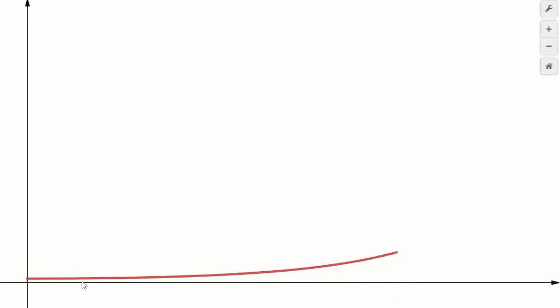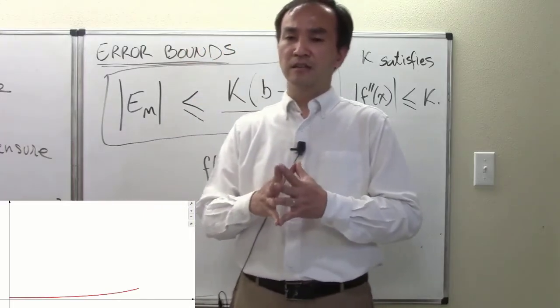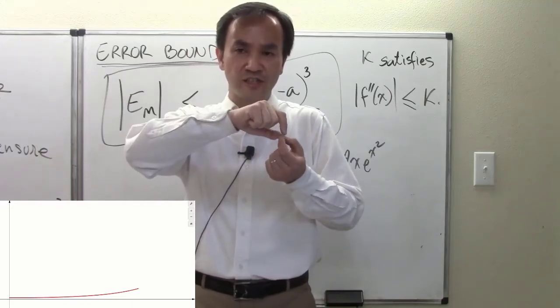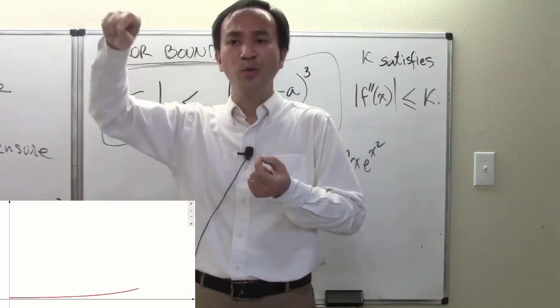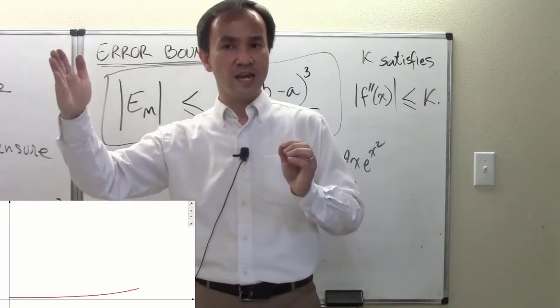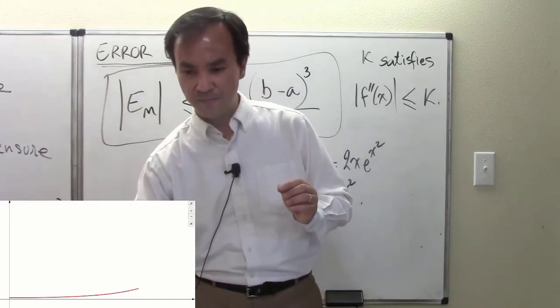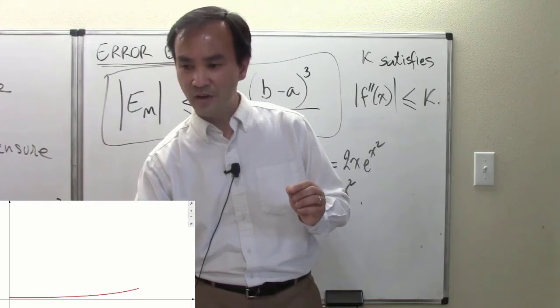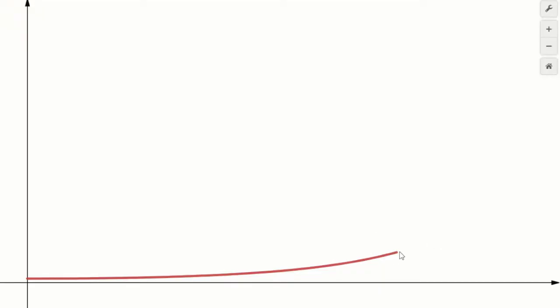What it looks like to me is that f double prime of x is an increasing graph. From our understanding in calc 1, differential calculus, as long as we can see that a function is increasing, then the right end, and I hope you can see that big enough on the screen, has to be the maximum.